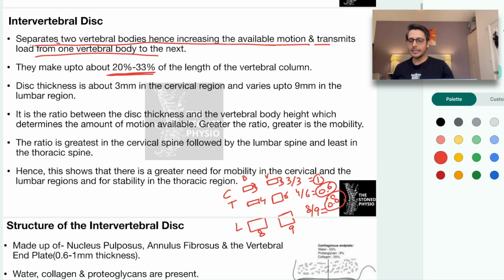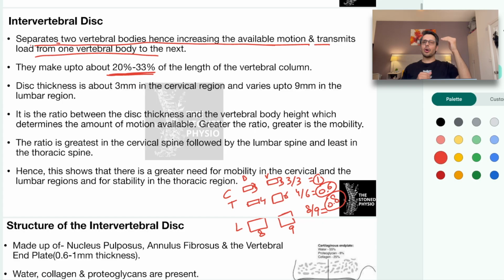Now the disc thickness is supposed to increase as we go all the way down from the top of the vertebral column. In the top section of the spine, because there's not much load, the thickness of the intervertebral disc is around 3 mm.